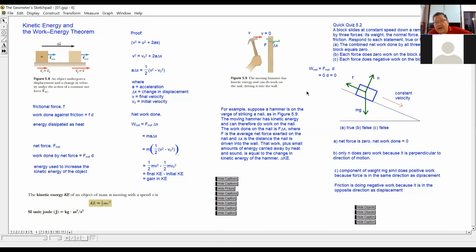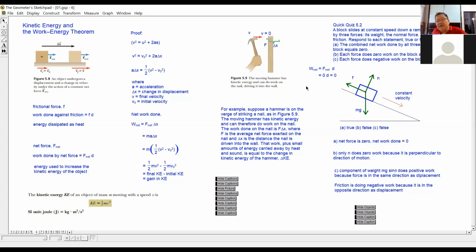However, if you look at them individually, that means when you look at one force, let's say the weight alone, the weight is not balanced by other forces, so it is actually doing work. Or if you look at the frictional force alone, if it is not balanced by any other forces, it is also doing work.